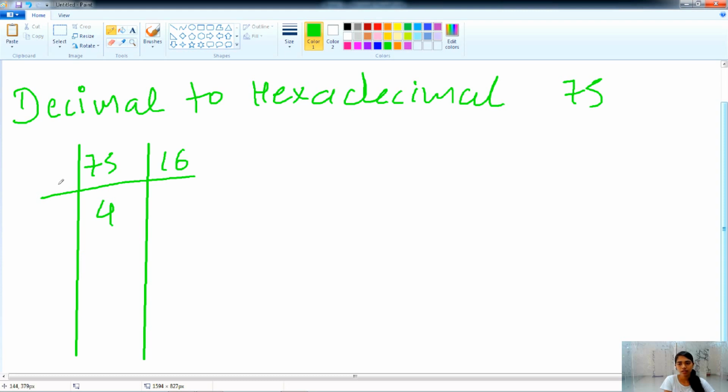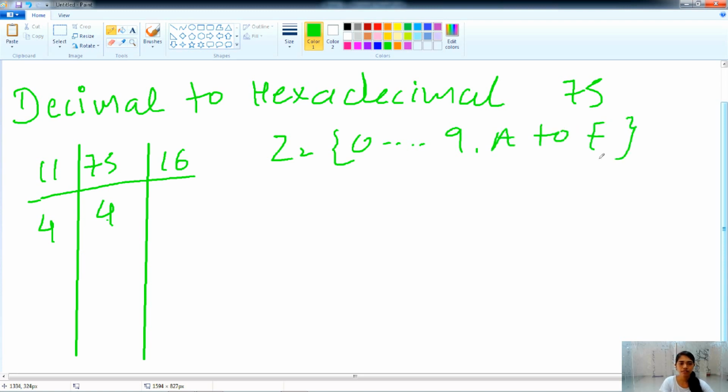So we would get 4 and 11 as remainder. Now 4 is not divisible by 16 as it's less than 16, so we will write 4 directly here. Now our answer is 4, 11 from bottom to top, remember? But we cannot write 11 because the set of hexadecimal includes 0 to 9 and A to F. Remember?